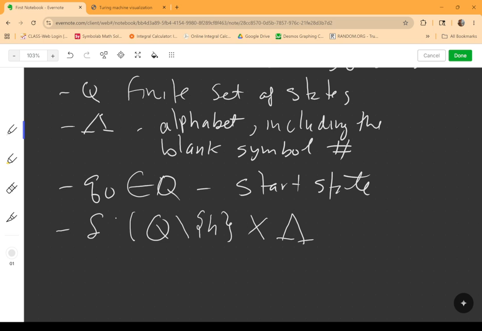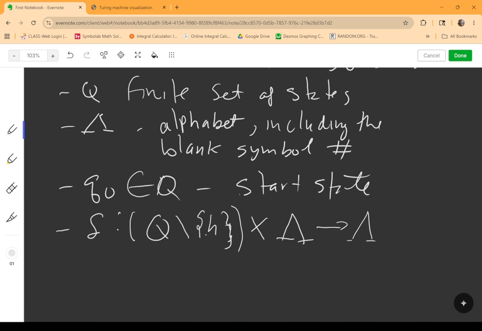So it takes in two inputs, a state from Q and a symbol from the alphabet, and it maps onto lambda, L or R, and Q, which may include the halting state. The reason we don't include the halting state in the domain is that at that point it stops, so it's not taken into account here.